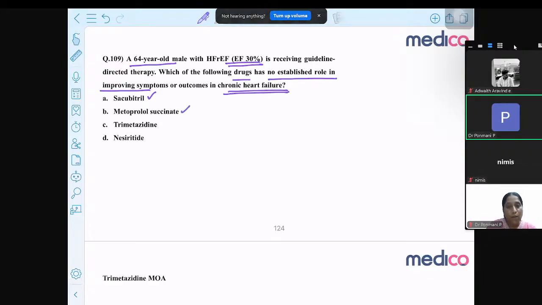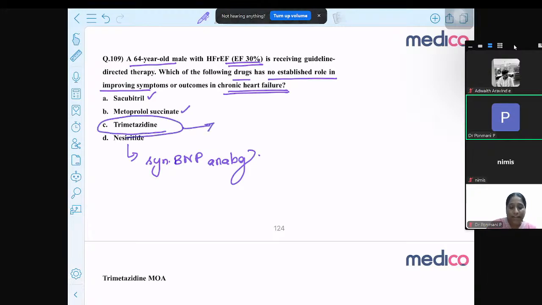Metoprolol, a beta blocker, can improve the outcome. And nesiritide, a synthetic BNP analog, can also improve the outcome. Which is the odd man out here? It is trimetazidine. Why is trimetazidine not used? Because trimetazidine is used for angina. It is not used for heart failure.